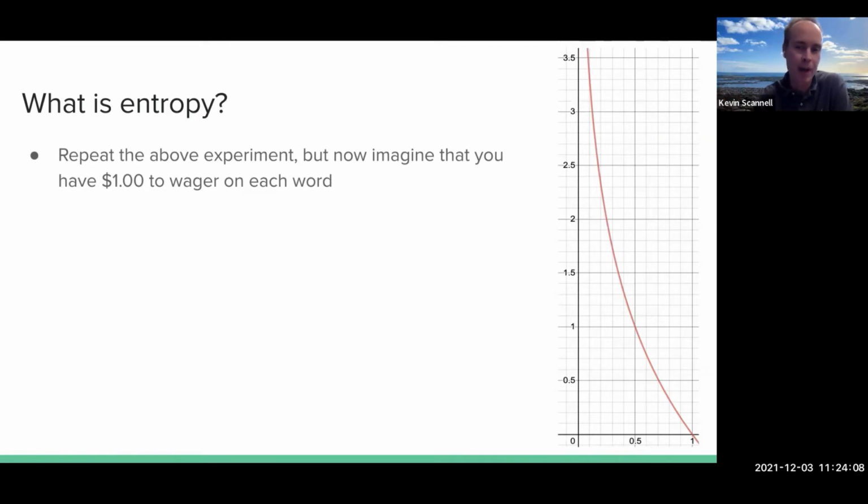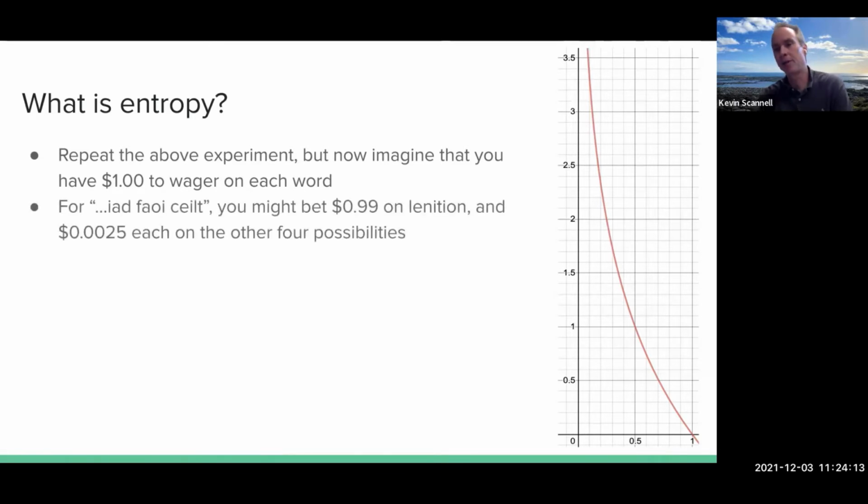But now you have to make bets. So I'll give you $1 to bet on each word, and you get to spread your bets across the 5 possibilities. In a case which is almost very certain, you might say, I'm going to put almost all my money on the mutation and then just spread the remaining penny across the other 4 possibilities just to be safe.